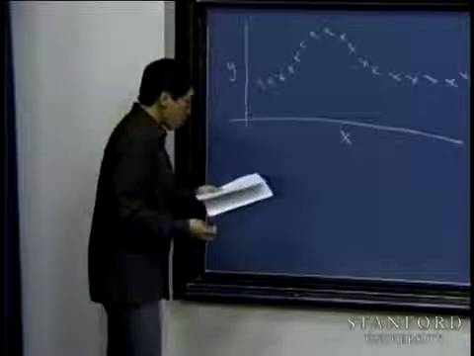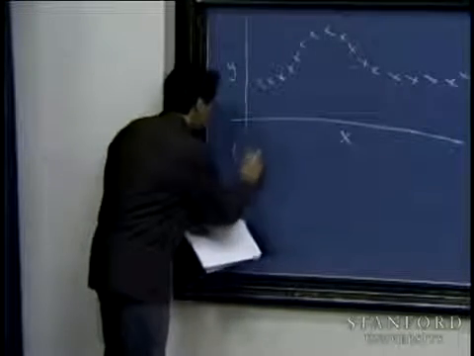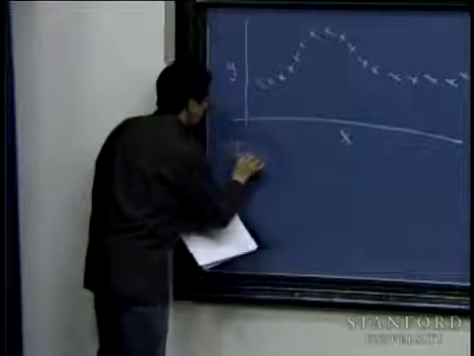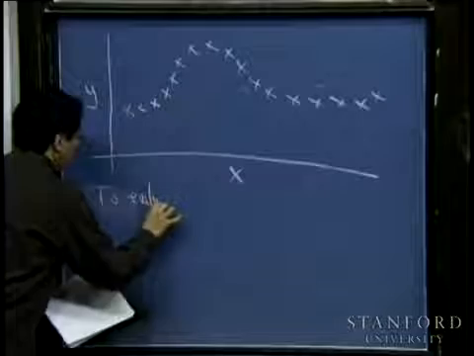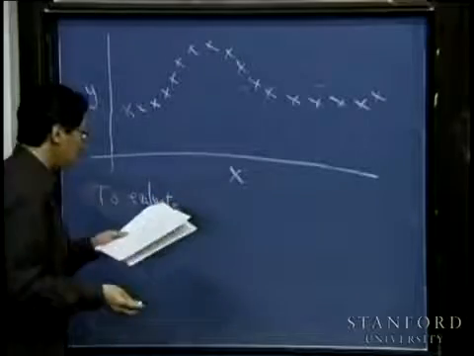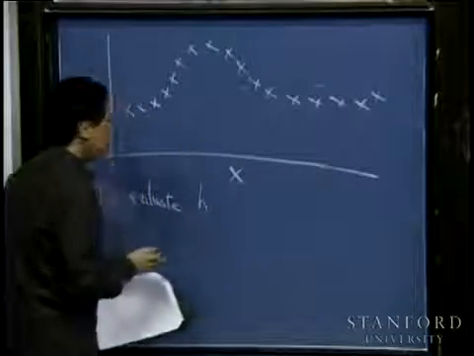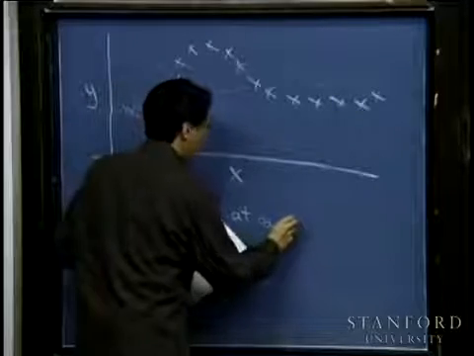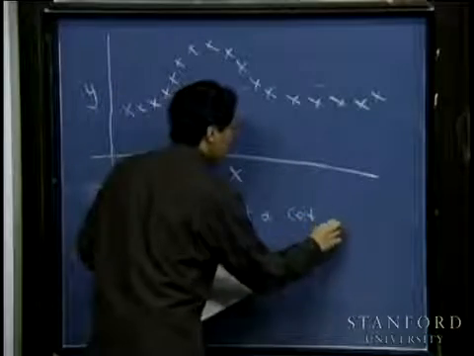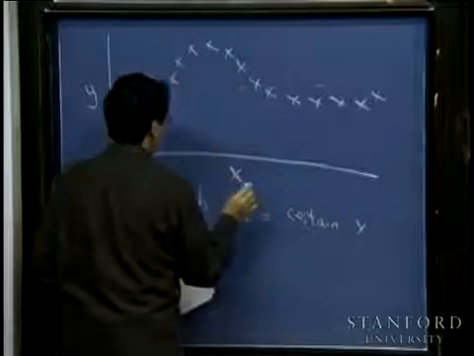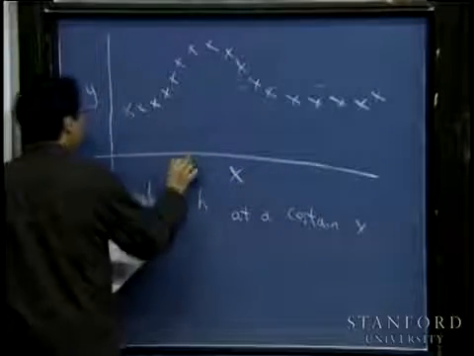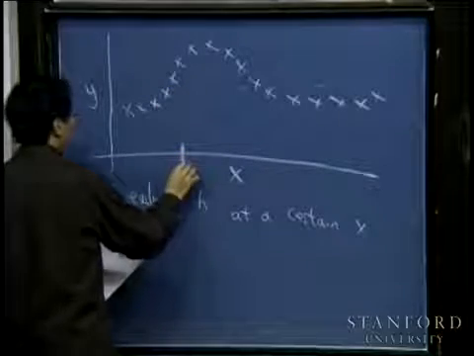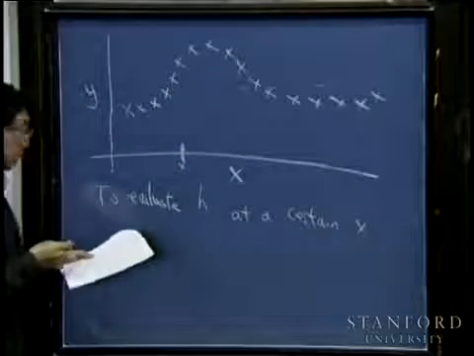Now, suppose you want to evaluate your hypothesis H at a certain query point, lowercase x. Okay, and let's say you want to know what's the predicted value of y at this position for x, right?